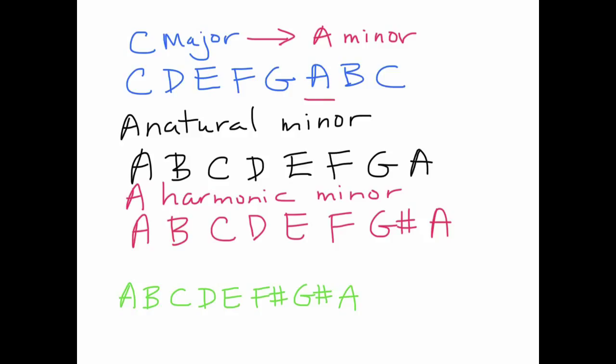And that is because we now need to lower these two notes that we raised again in order to make it sound better. So we're actually going back to the natural minor when we're descending. So the rest of the notes to the melodic minor are G natural, F natural, E, D, C, B, and A. Now let's listen to what this sounds like.